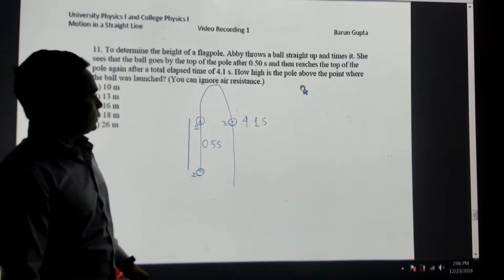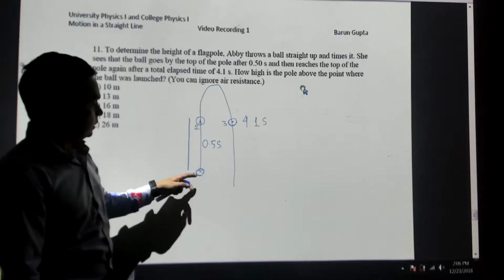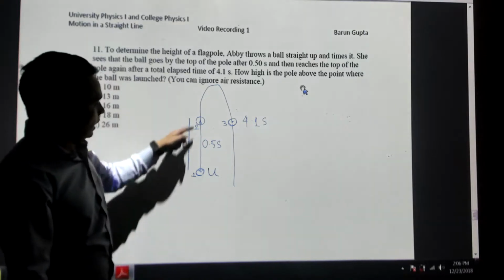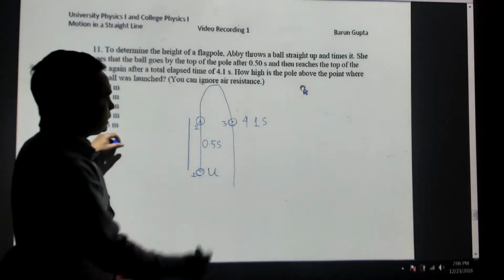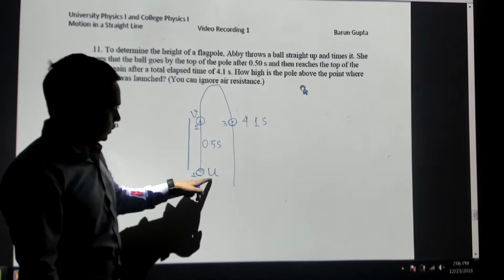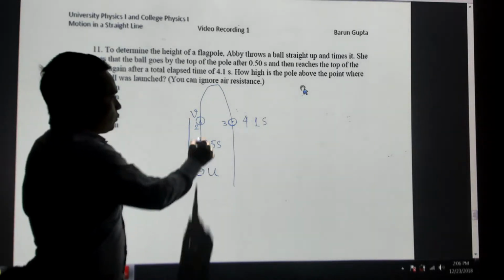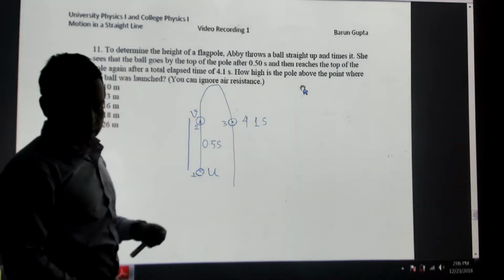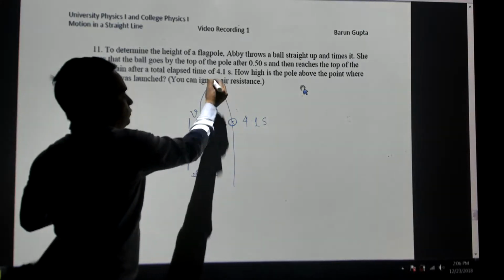Let's say the velocity at this point is u, and I know it takes 0.5 seconds here. Let's say the velocity at this point is v. From 2 to 3, how long does it take? Now let's say this is the top point.